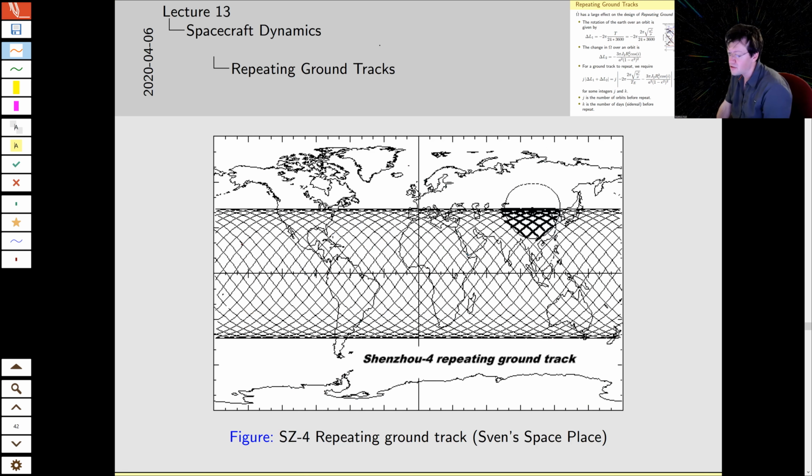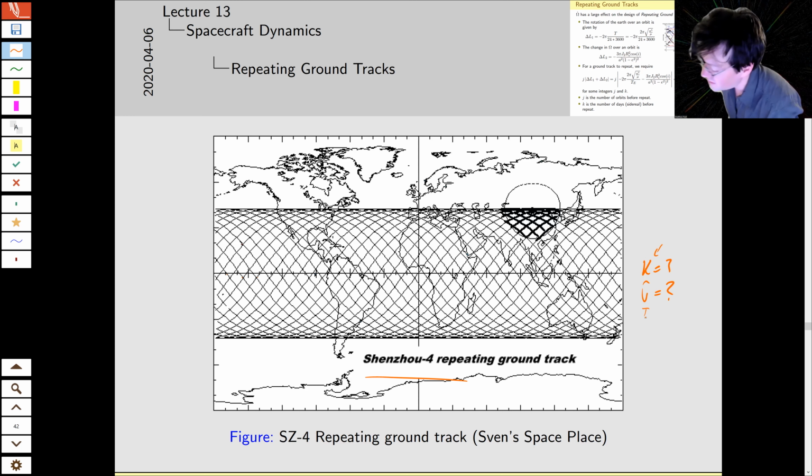Yeah. Here's another repeating ground track, the Shenzhou 4, and you can see how you could sort of measure this like 1, 2, 3. We don't know how many days this is though, so we can't really say what k is. But if we know how many days this is, we know k, and then we can figure out what j is.